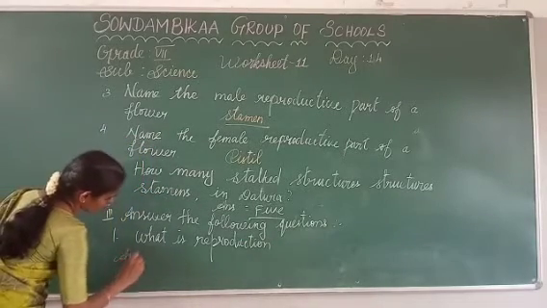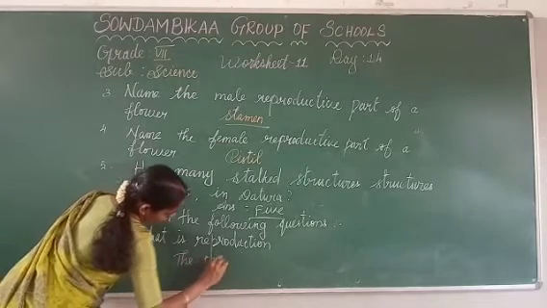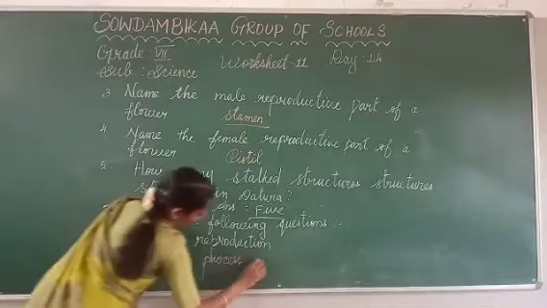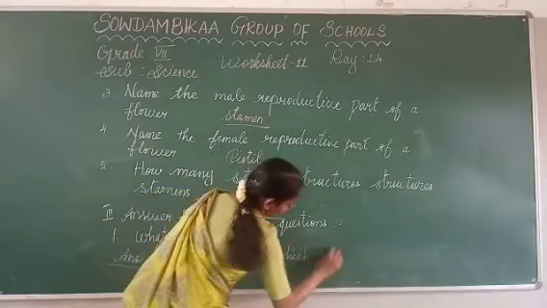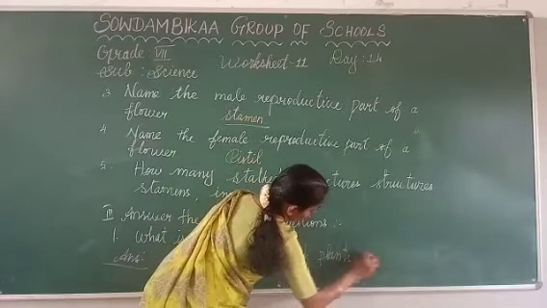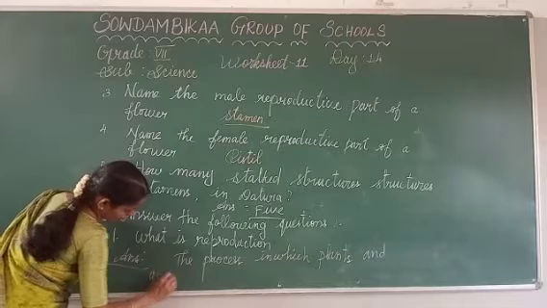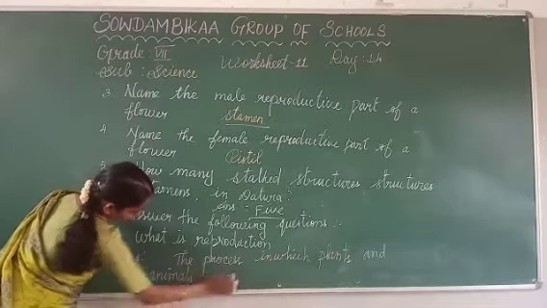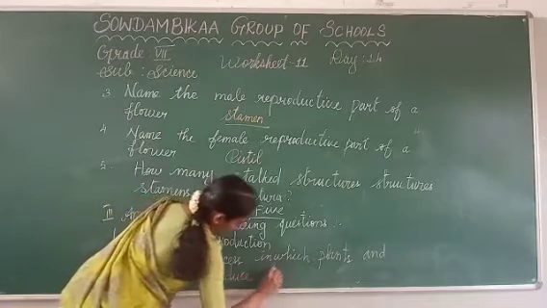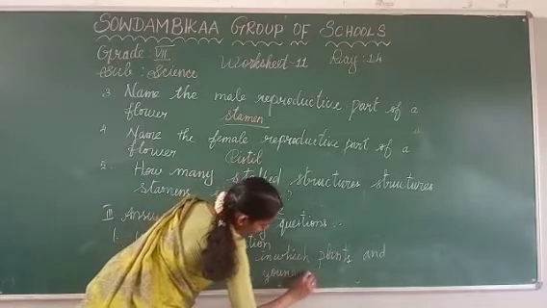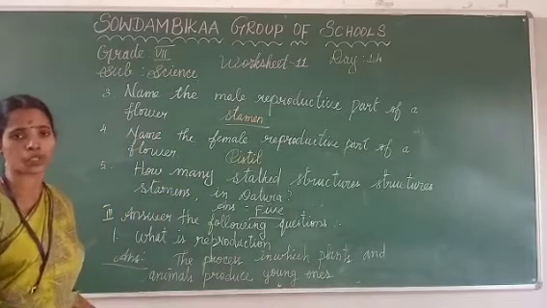The answer is reproduction. The process in which plants and animals produce young ones is called reproduction. Are we clear about this?